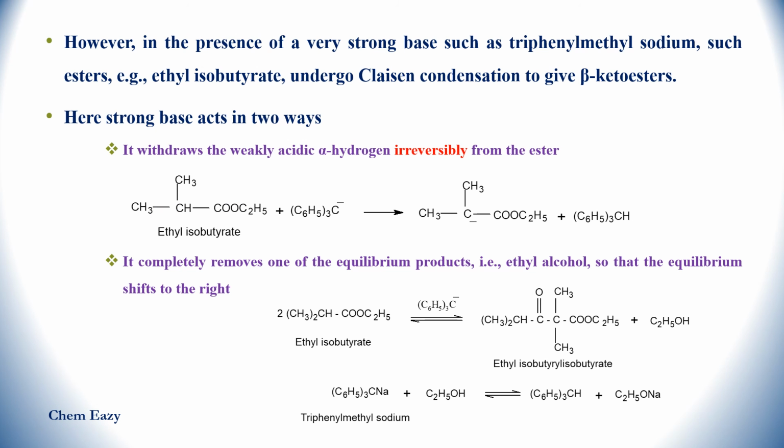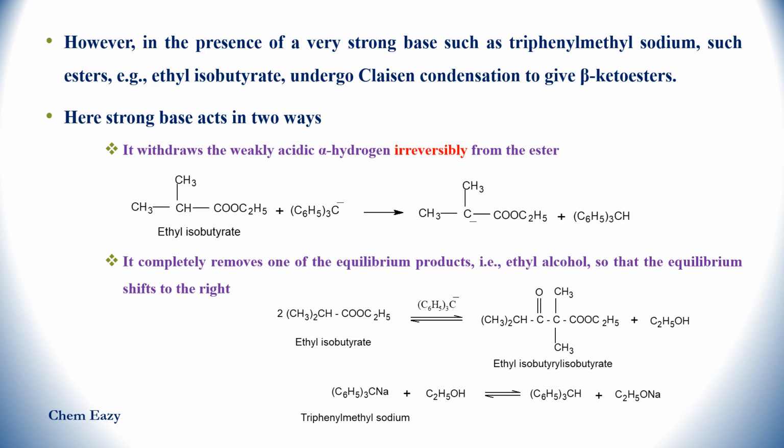In place of sodium ethoxide, if we use a very strong base, then esters like ethyl isobutyrate also undergo Claisen condensation and produce beta keto esters. Here we can use triphenyl methyl sodium as a base instead of sodium ethoxide.